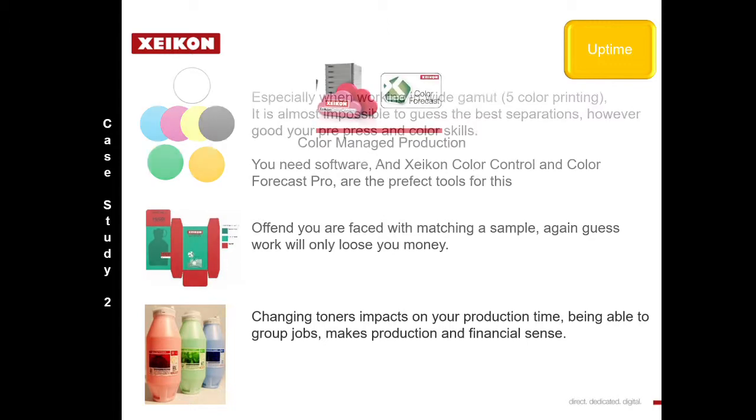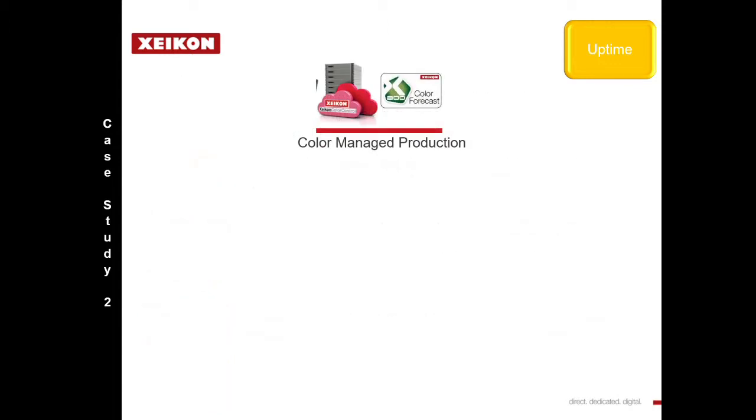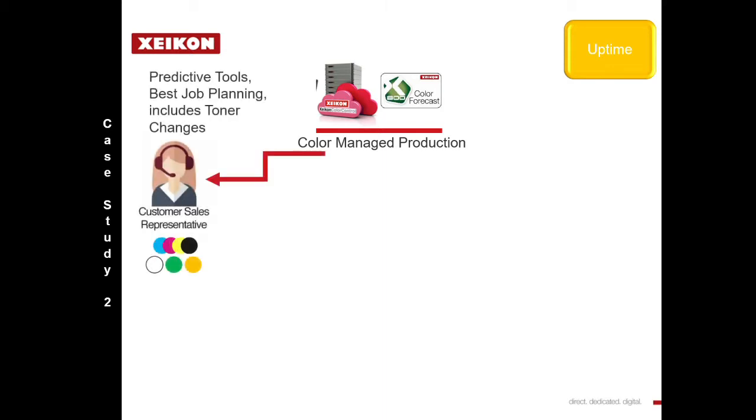Let's have a look at what we did. So of course, to make this work, we implemented colour management tools like Colour Control and Colour Forecaster Pro. And the first part of the workflow is obviously the planning of the jobs.